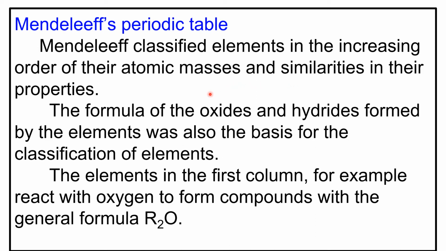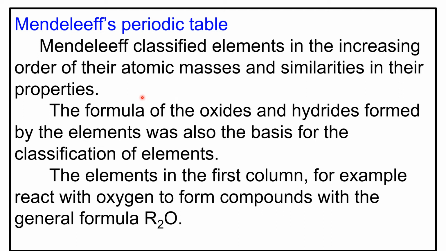The formula of the oxides and hydrides formed by the elements was also the basis for the classification of elements. So here the base for the classification of Mendeleev's periodic table is atomic masses, that is increasing order of the atomic masses, and similarities in the properties of the elements.